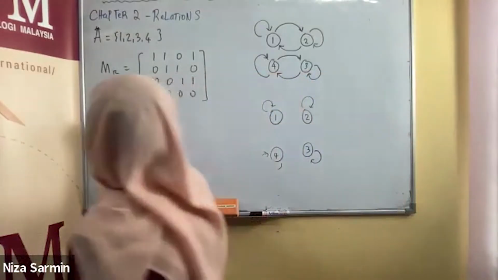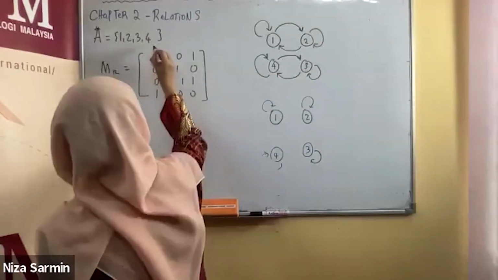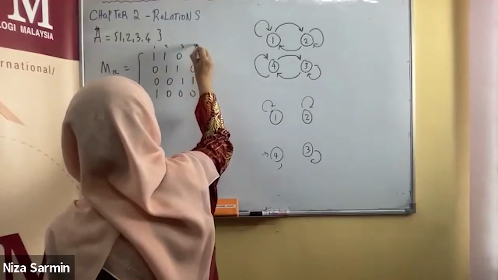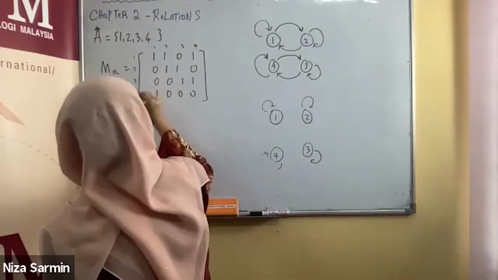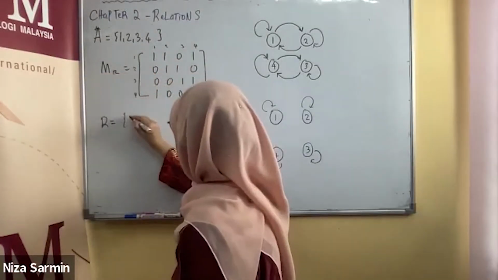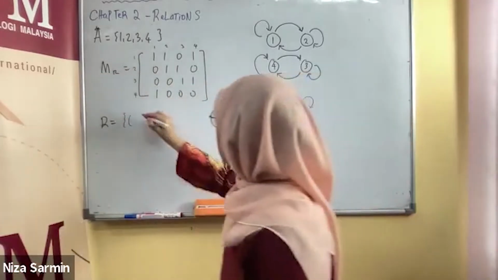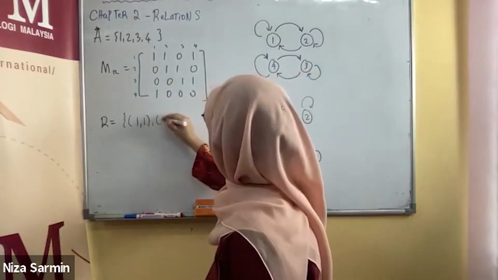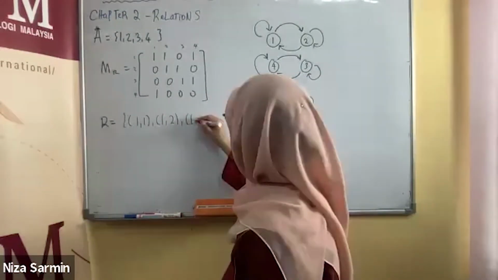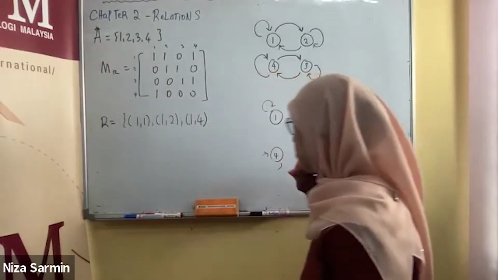All right, so R equals, so this is 1, 2, 3, 4, 1, 2, 3, 4. So we write from the first row, yeah? 1, 1, 1, 2, 1, 4. That's the first row.